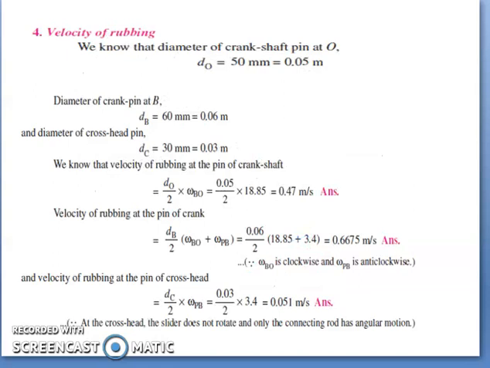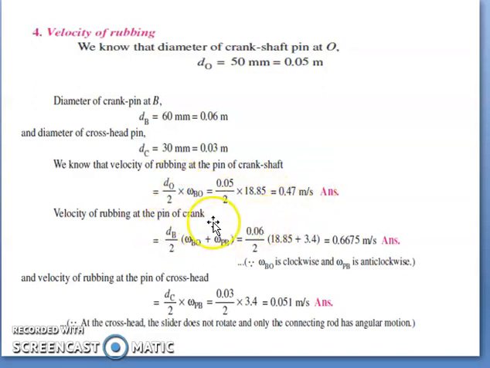Now to find the velocity of rubbing. We know that the diameter of the crankshaft pin at O is equal to 50 mm, the diameter of the crank pin at B is equal to 60 mm, and the crosshead pin is 35 mm. So the velocity of rubbing at the crank pin is omega BO into the radius.